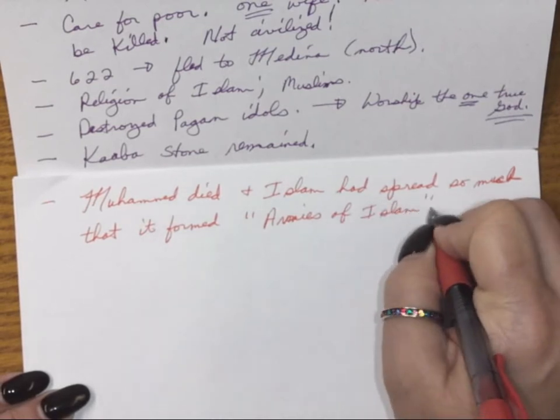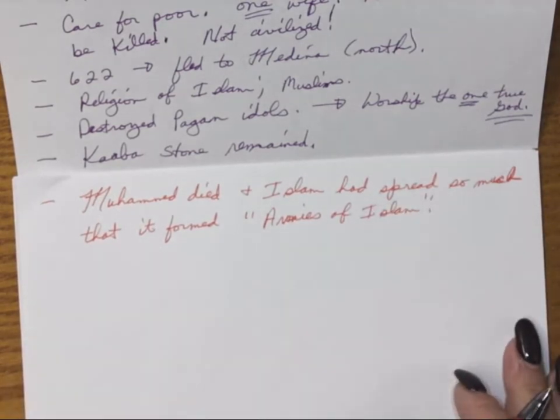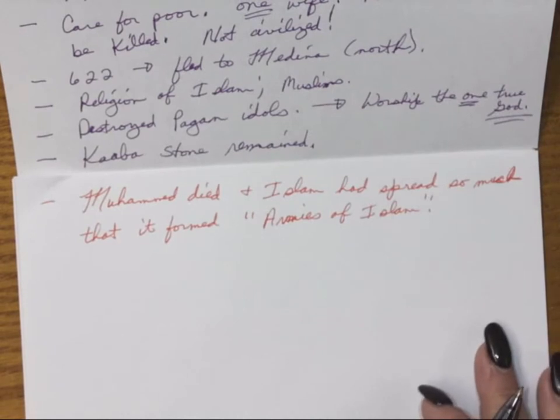Okay, so you'll hear people talk about the armies of Islam and them invading and stuff like that. That normally, for the most part, did not happen while Muhammad was alive. Instead, what happened was he died, and then there were so many people who were in this religion that they had to rule it from different areas.